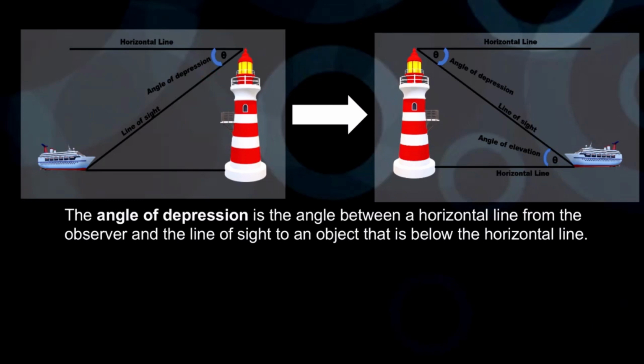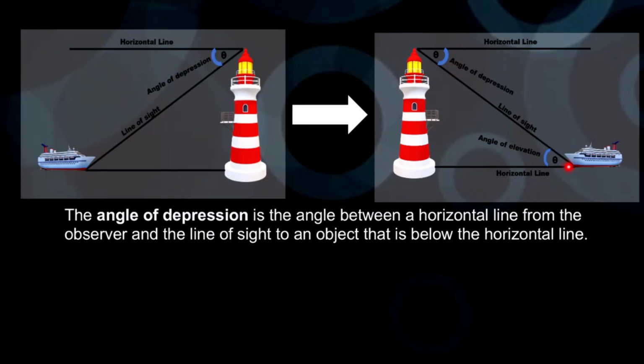Now, tignan nyo po ito, yung nasa kanan na image naman natin. If the observer po ulit is nasa taas ng ating lighthouse, ito po yung nakikreate na imaginary line na horizontal line. At yung imaginary line po na tinitignan niya ang ating barko is called line of sight. And then, yung angle po between the two lines called the angle of depression.